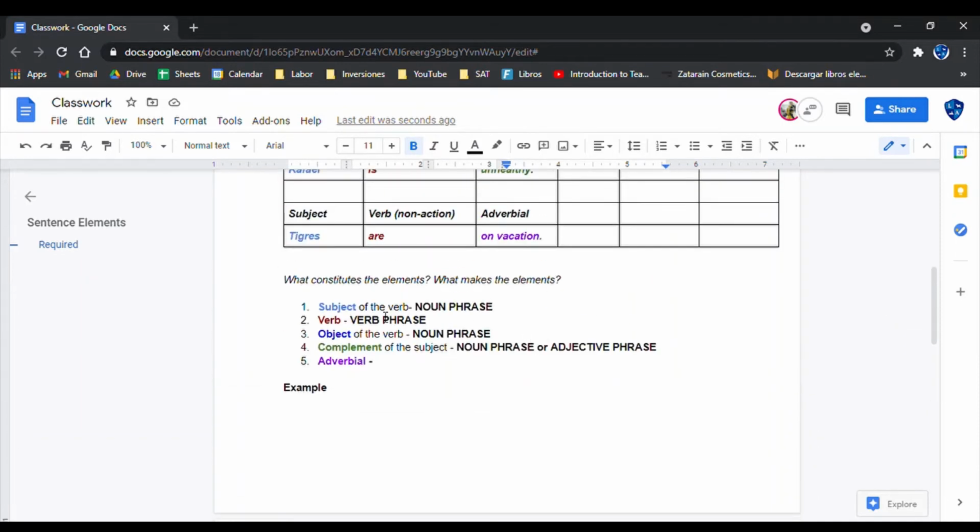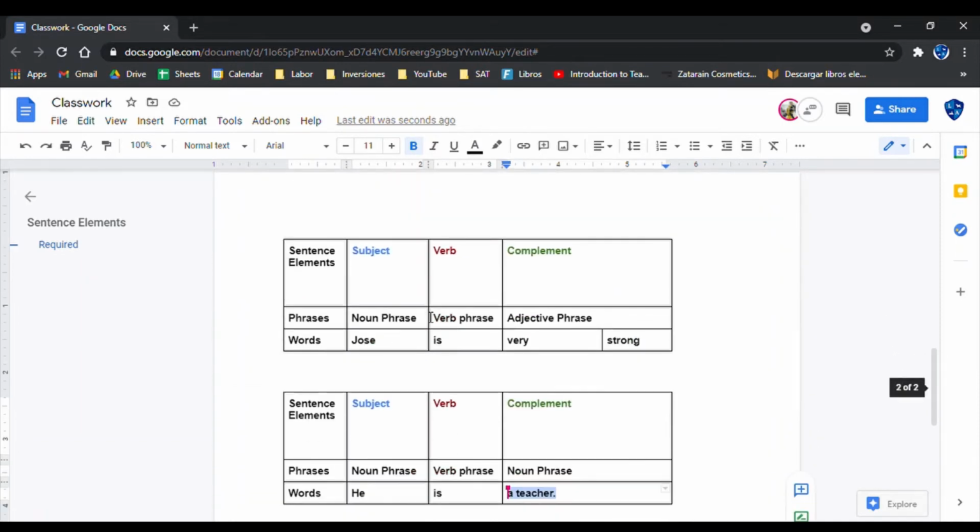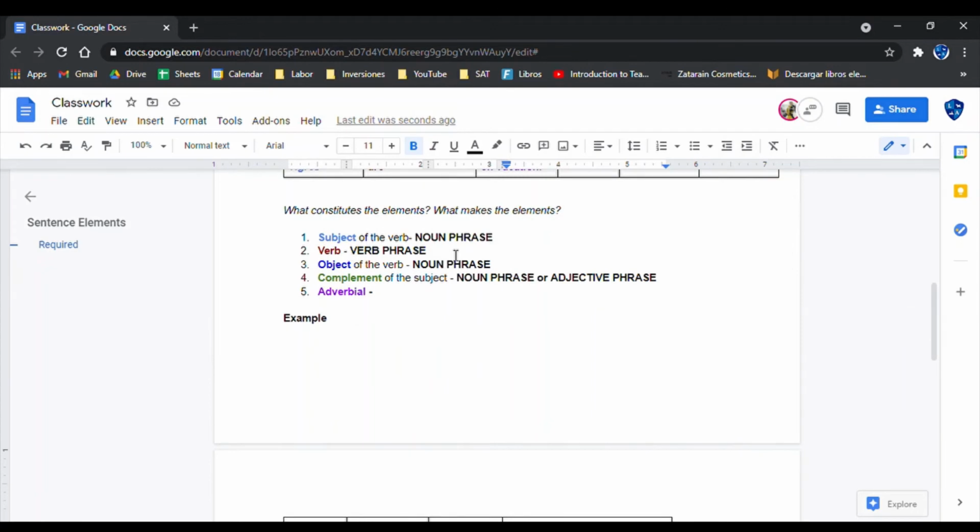So all of these are easy. The subject is a noun phrase that cannot change. The verb cannot change. It has to be a verb phrase. The object is always a noun phrase. The complement can change. The complement can be two things, right? It can be a noun phrase or an adjective phrase.